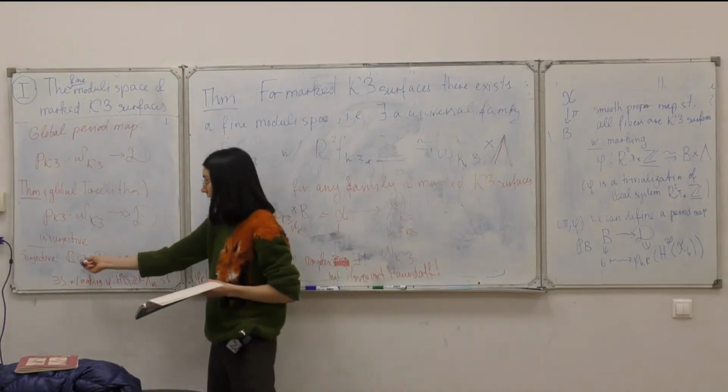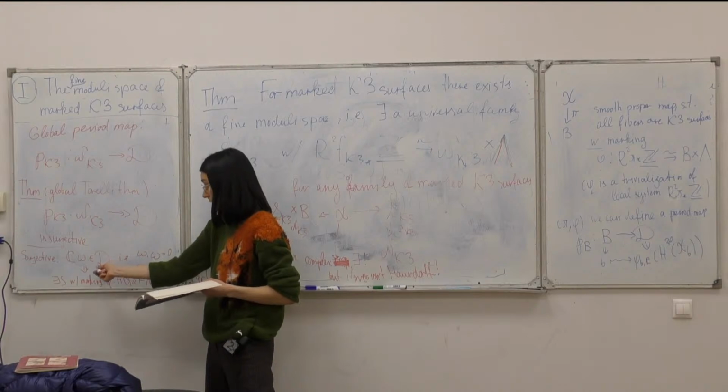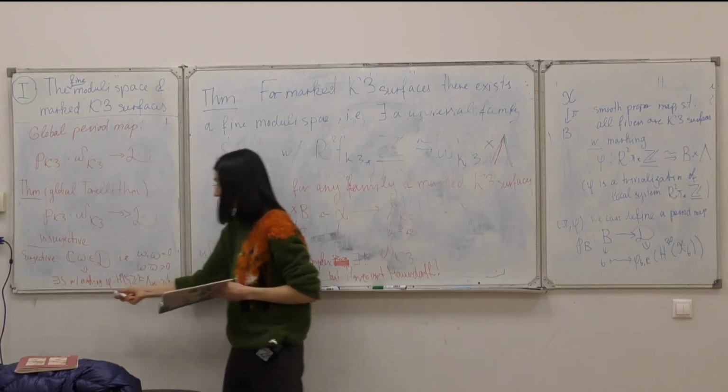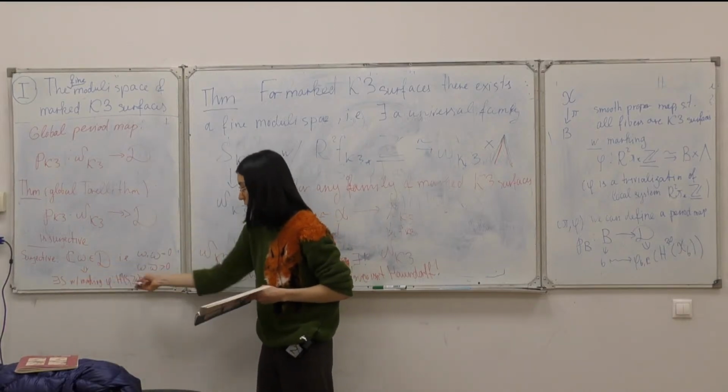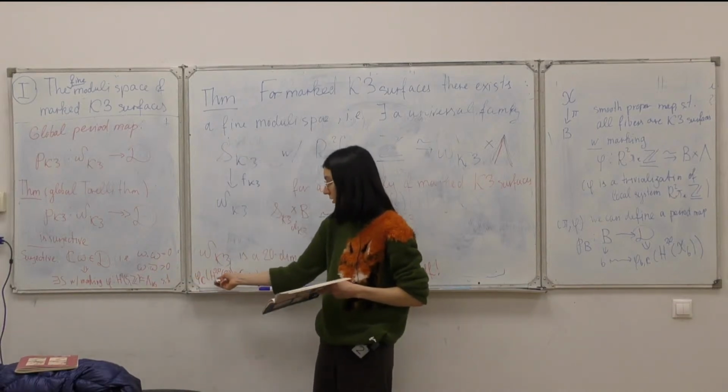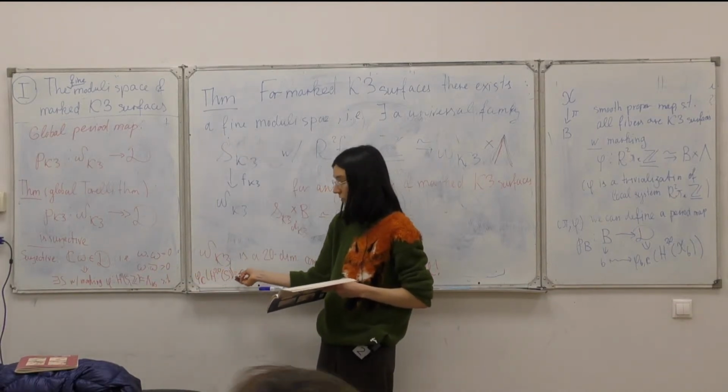So to any line in the period domain, there exists a K3 surface with marking, with fixed isomorphism, such that the image of the H^{2,0} part is this line.